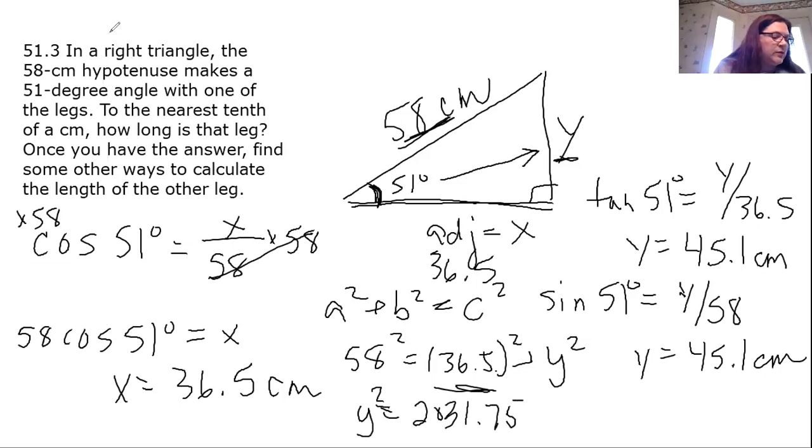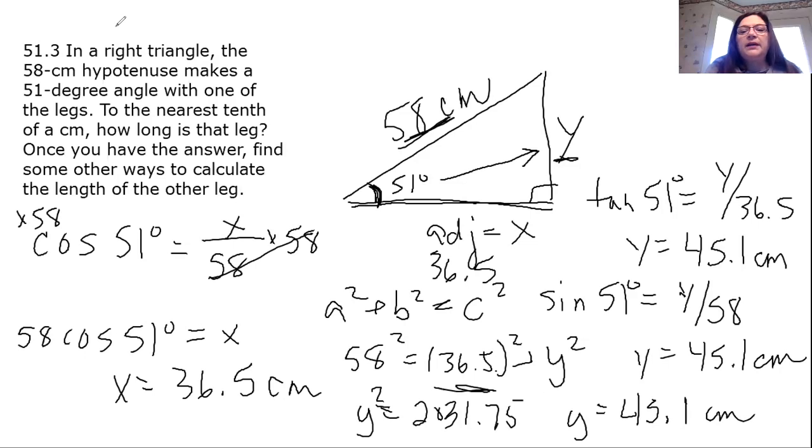If I take the square root of that, y equals 45.1 centimeters. So once you know two sides of the triangle and you know an angle, you're golden. You can find that other side numerous ways. And now that you know how to use cosine with adjacent over hypotenuse, you've got all the tools you need to solve any triangle.